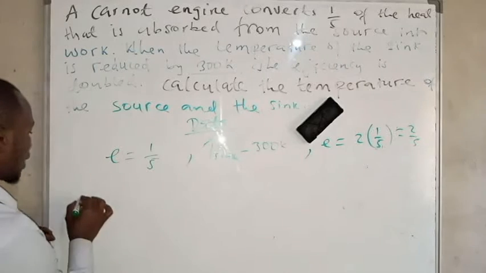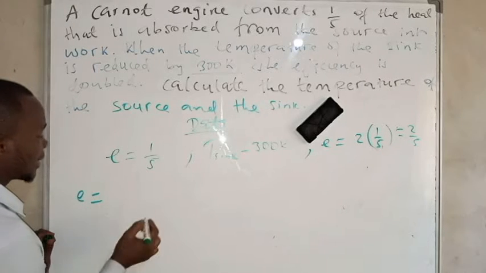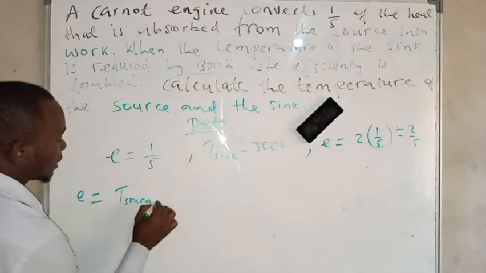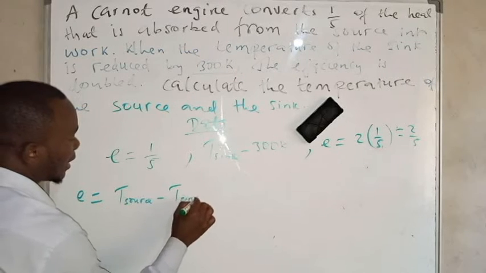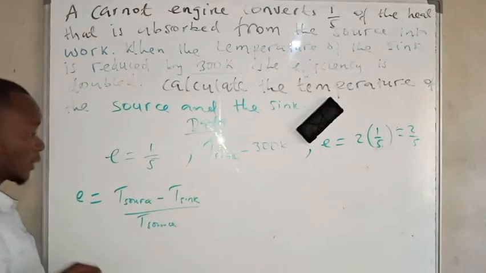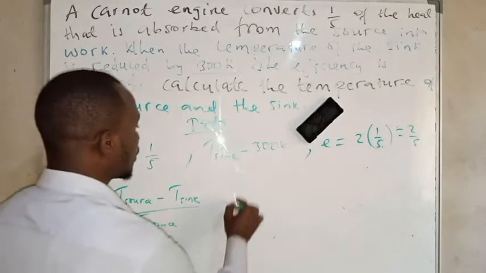So we know that efficiency is calculated by T source minus T sink over T source. From here, let's make some assumptions.